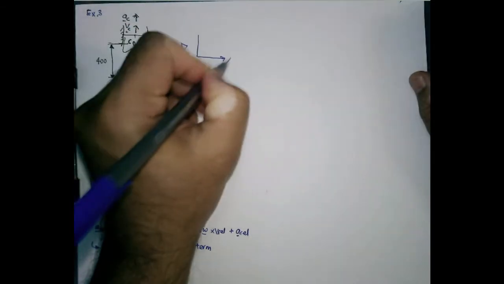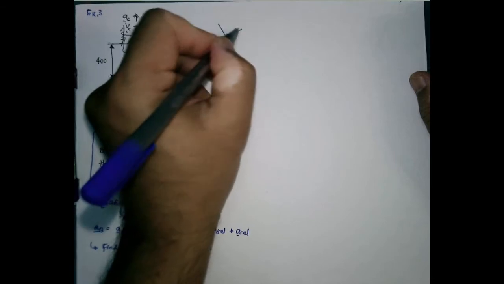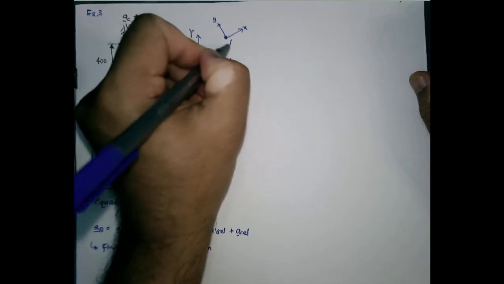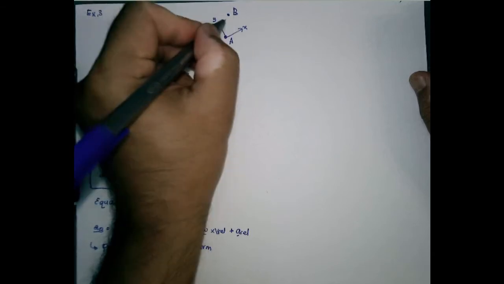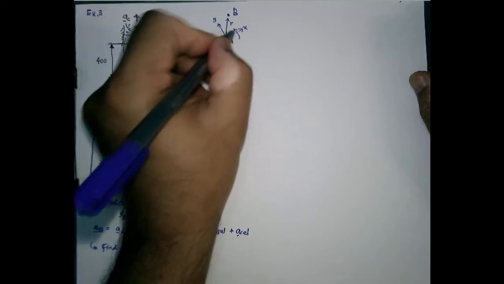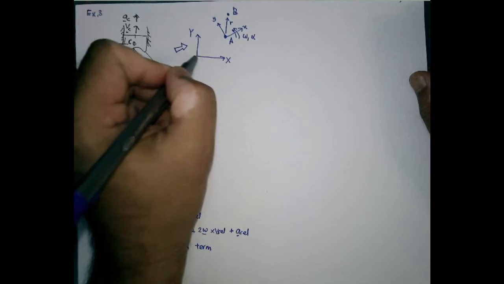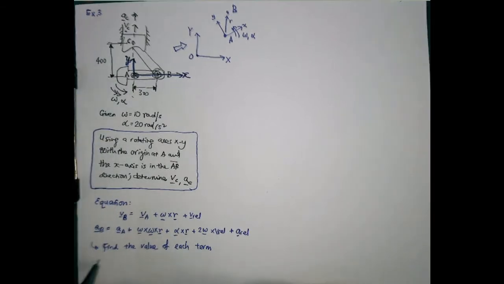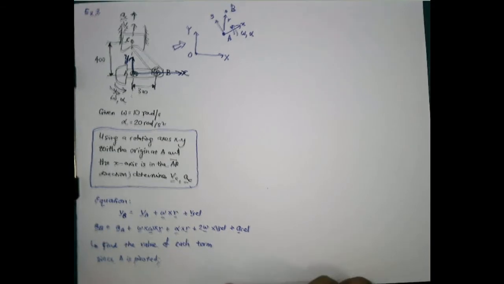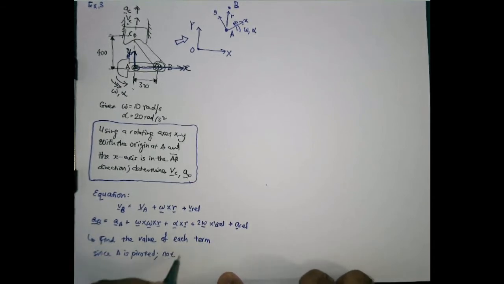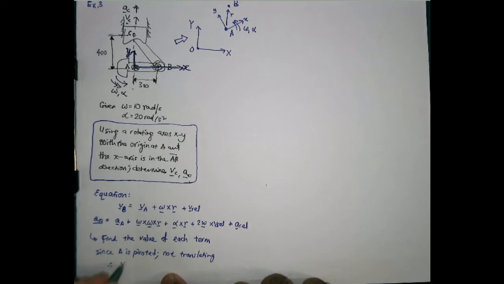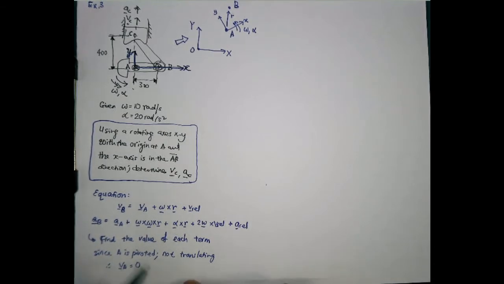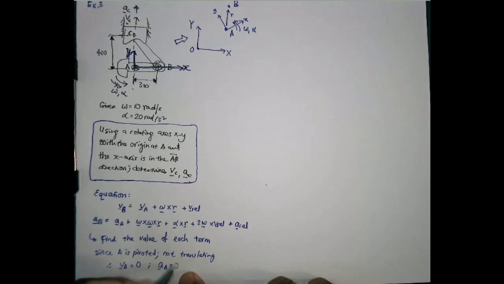Remember, this is our big capital X, capital Y, and we have a small x, small y, and the origin here is A, and this is B. Yes, and this is our R, and A and B are rotating with omega and alpha, and this is O. Since A is pivoted, not translating, therefore VA equals 0 and acceleration of A equals 0.